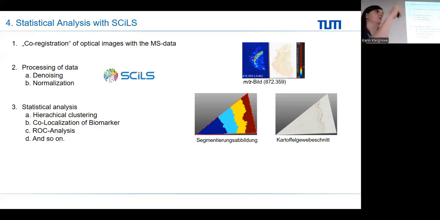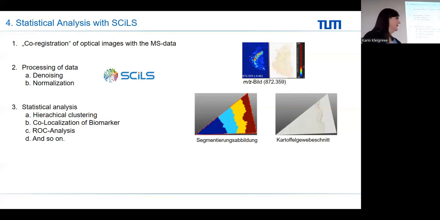We had the picture of the slice, we had the MALDI data, and then you can merge all the images on top to create a really coherent figure of what's going on in your tissue. And then the processing basically consists of denoising and normalization, and then you can start statistical analysis.